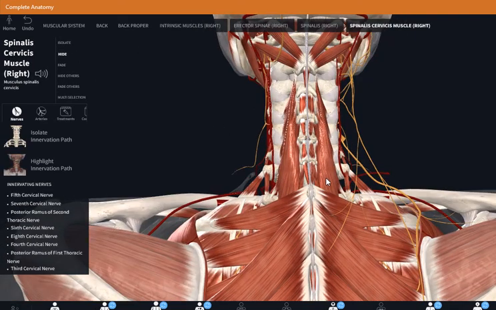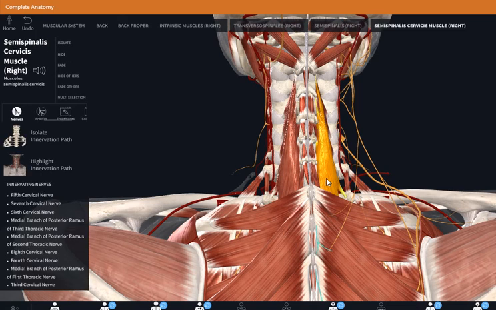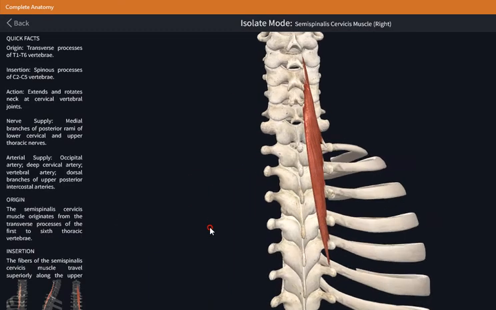So we also have this muscle here, and this muscle is called the semispinalis cervicis. You have still the arterial and the nervous supply. In order to know the nervous supply, you need to know the origin and insertion.